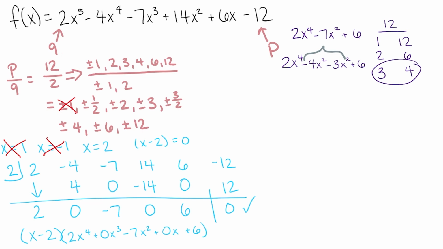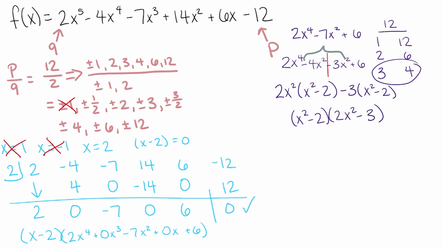So when we factor by grouping, in our first half, we'll factor out 2x squared, being left with x squared minus 2. In our second half, we'll factor out a negative 3, leaving us with x squared minus 2. And our fully factored function here is going to be x squared minus 2 times 2x squared minus 3. Before we bring back our original term, let's see if we can factor these out even further.